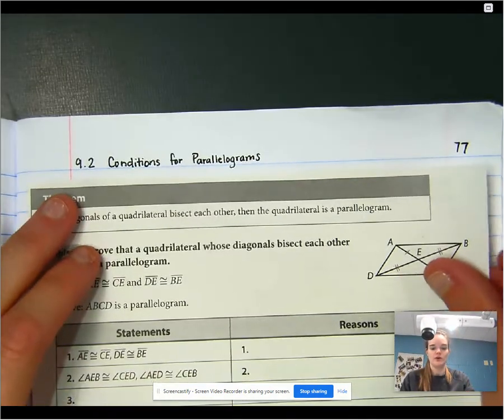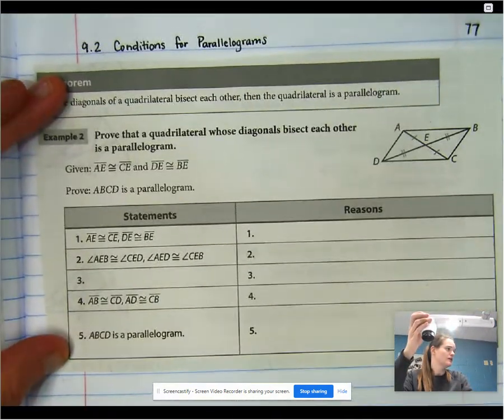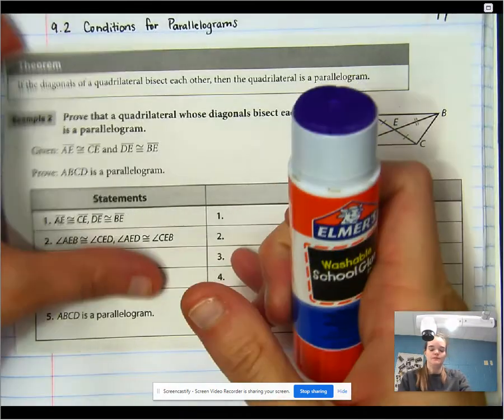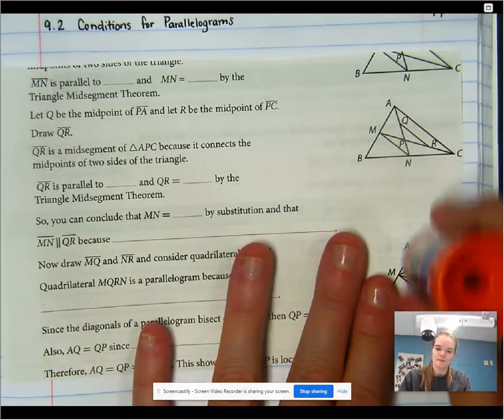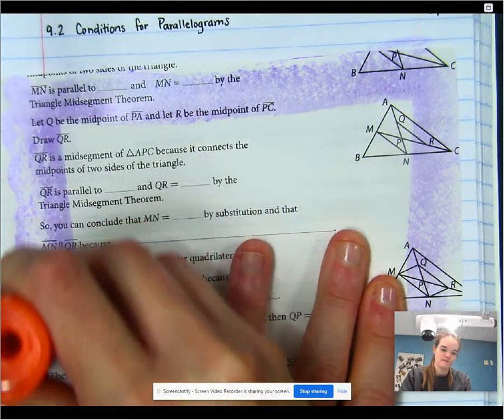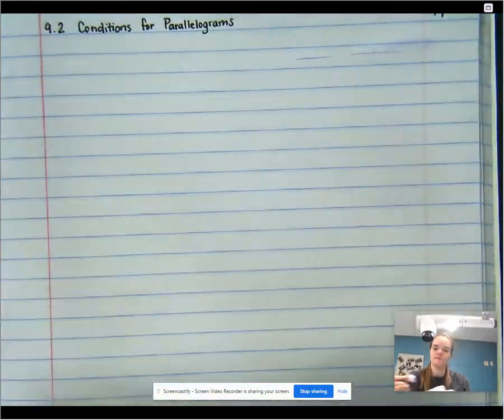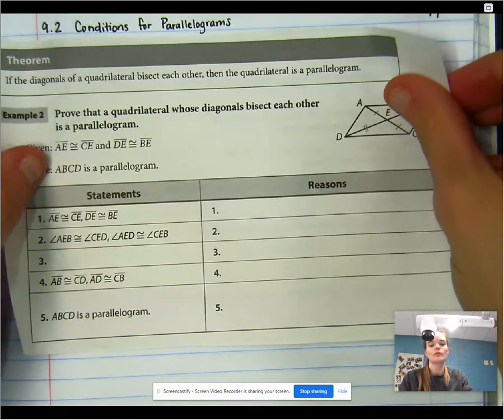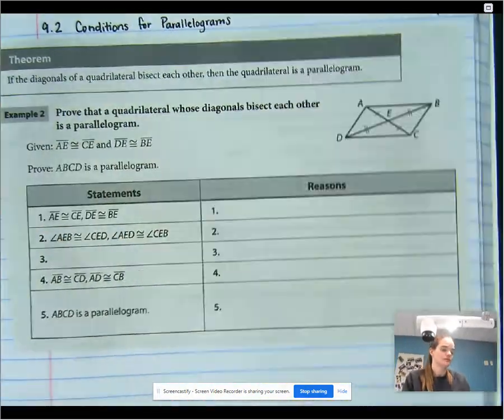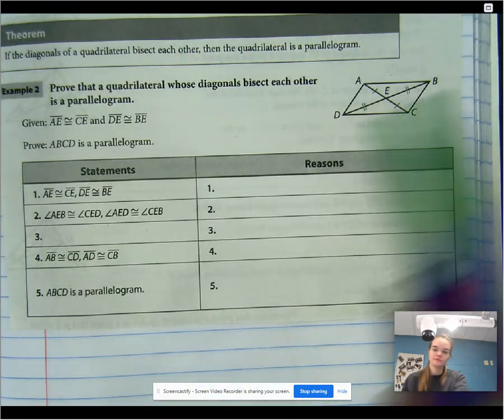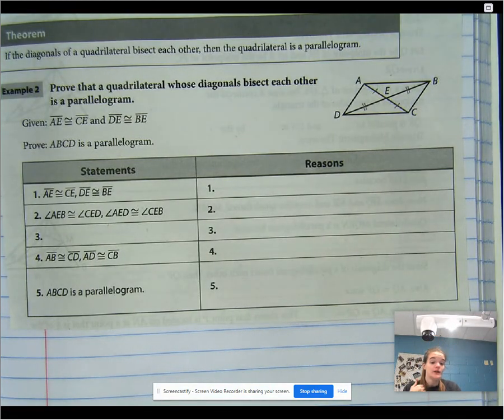So glue from the theorem all the way down to the box, 77. Okay, so now if we have diagonals that bisect each other, then we are going to show that the quadrilateral is a parallelogram. All right, and so we actually are going to end up using one of the 3 conditions this time.